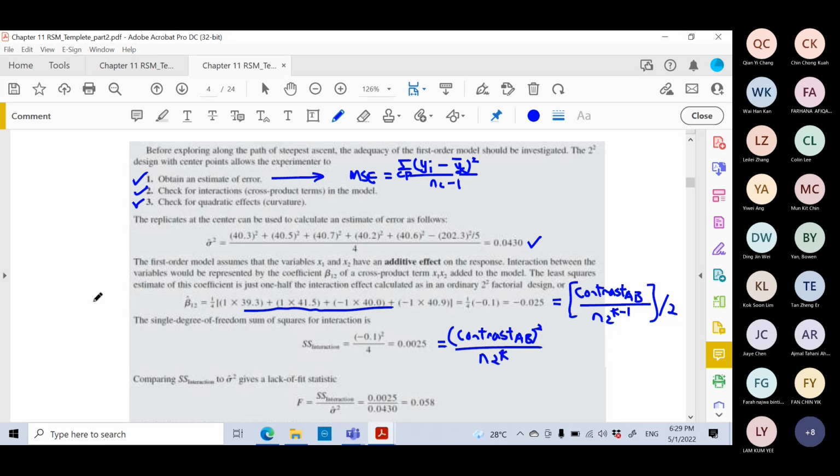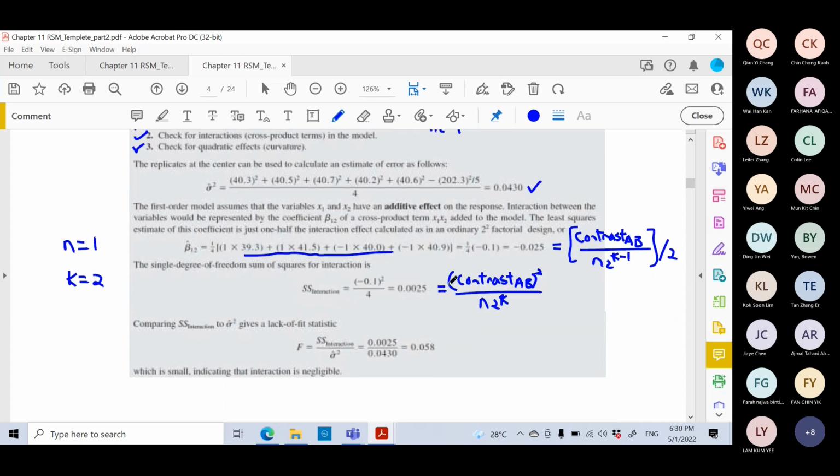Of course, in this case, n will be equal to 1, because you only have a single replicate. The k will equal 2, because your study is a 2 factor. By substituting, n is 1, the 2 power of 2 will be equal to 4. So therefore, you get your sum of square for this interaction here. Then we can check whether the interaction is necessary or not.